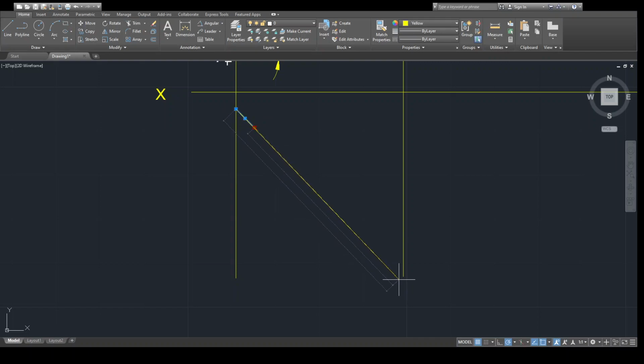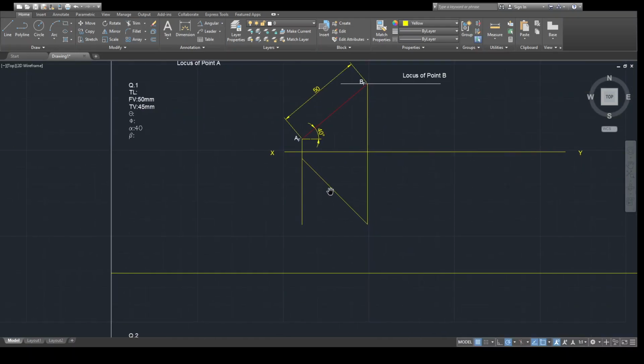I will change the color of this line to red, because it is the top view length. It doesn't matter.